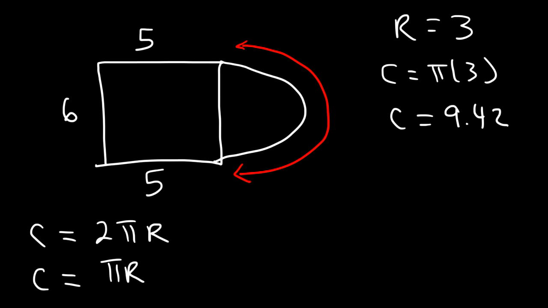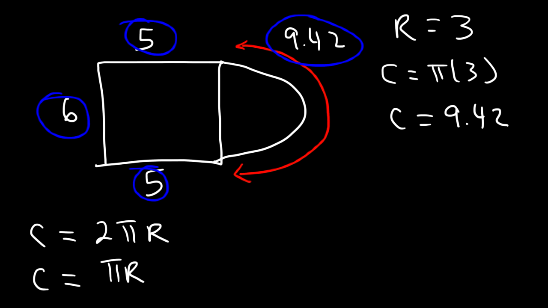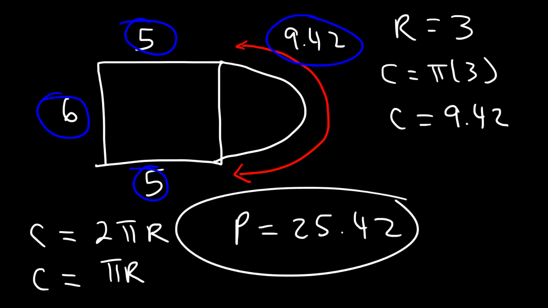That's the circumference of the semicircle. So now, to find the perimeter, we just have to add up the 4 values. 5 plus 5 is 10, plus 6, that's 16, and 16 plus 9.42, that will give us the perimeter, which is 25.42 units.